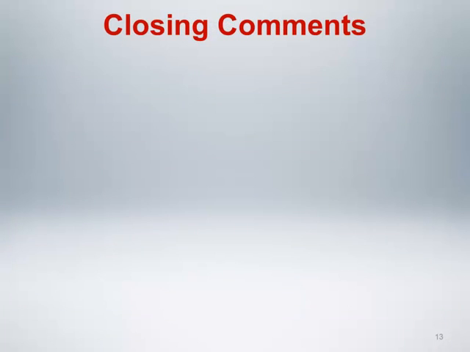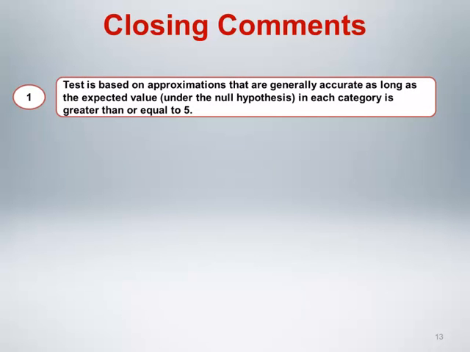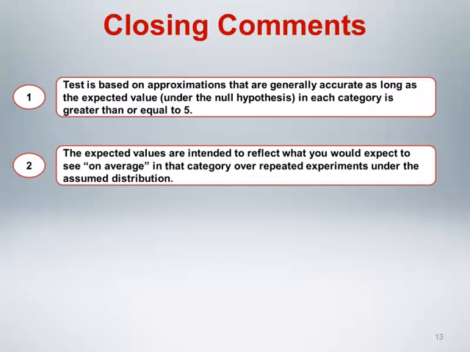Some closing comments. The chi-square goodness of fit test is based on approximations that are generally accurate as long as the expected value under the null hypothesis in each category is greater than or equal to 5. The expected values selected for the null hypothesis are intended to reflect what you would expect to see on average in that category over repeated experiments under the assumed distribution.